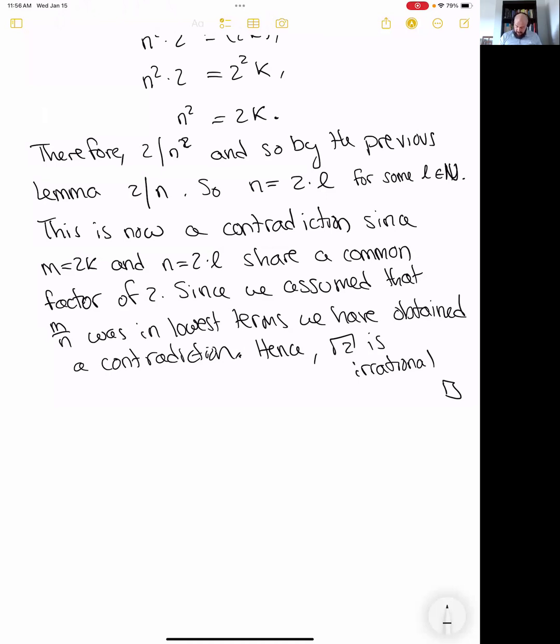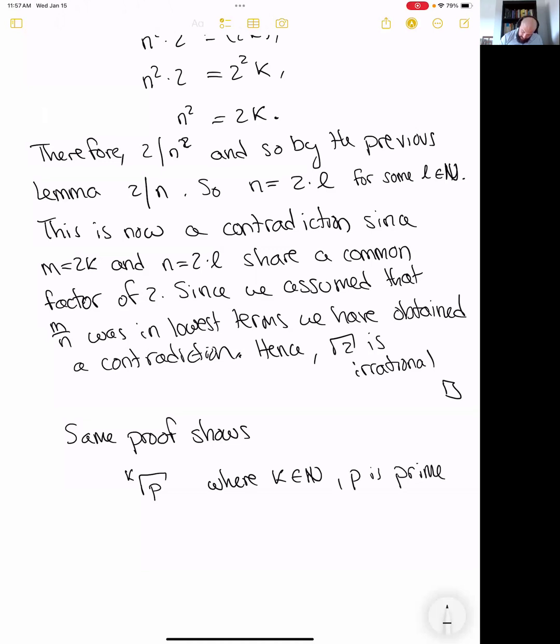Now it turns out that the same proof shows that if you take the kth root of any prime p, where k is a natural number and p is prime, that will be irrational as well. Almost exactly the same proof works here.